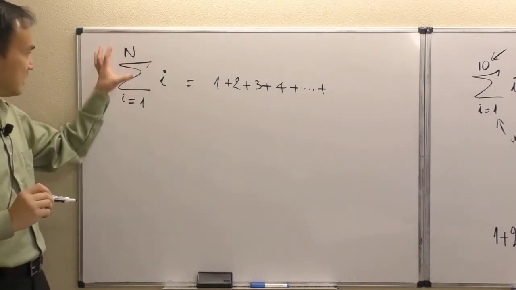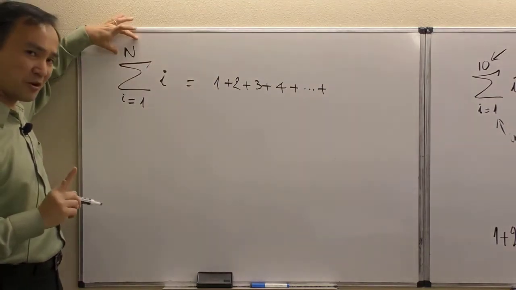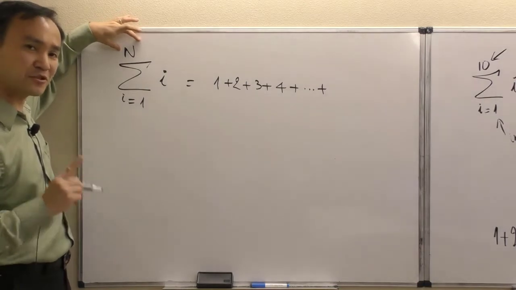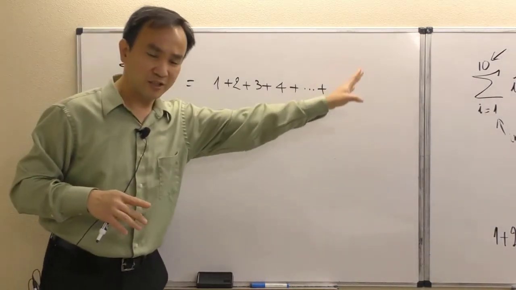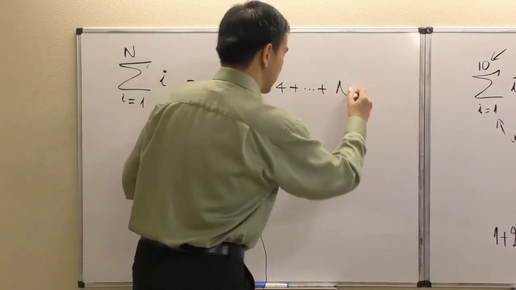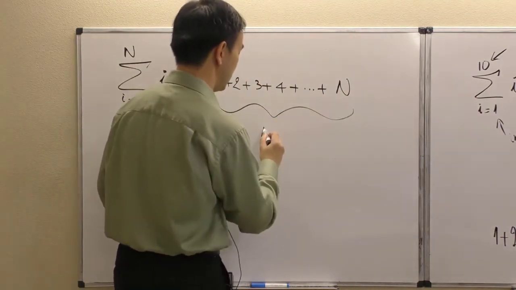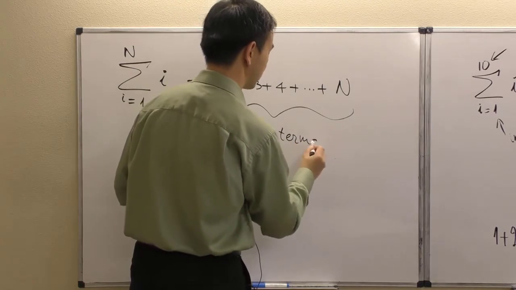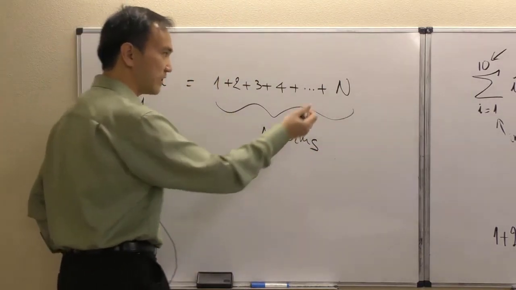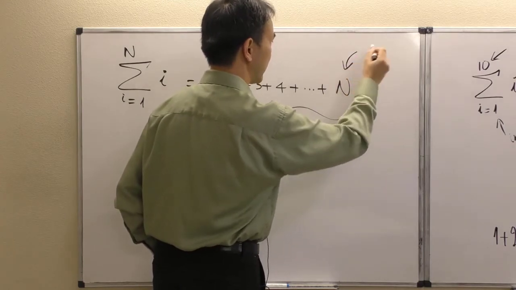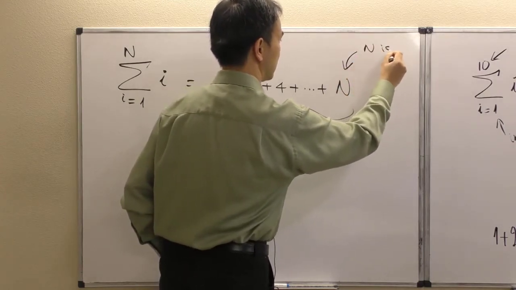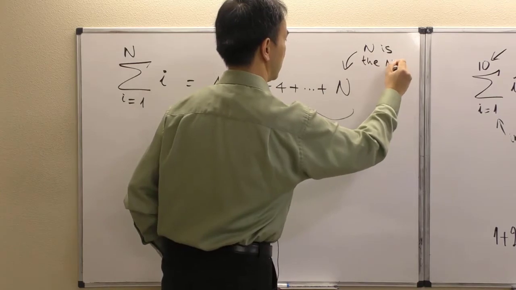Okay? And so again, as I explained earlier, this superscript on top of the summation notation here means that we will end up with a total of n terms. There will be n terms, or alternatively, you can understand this last one right here, n, is the nth term.